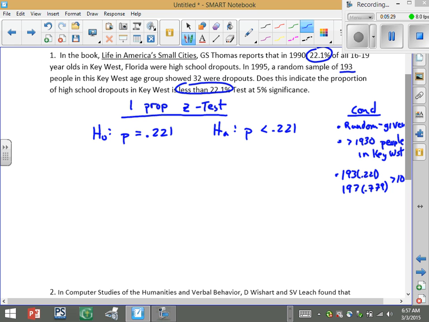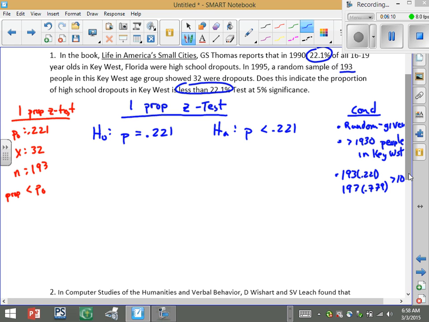If we go into stat, we're going to do a one prop z test. So over here on the side, I'll walk through what you'll see on the calculator. Our p0, that's the claimed proportion, 0.221. Our x, it was 32 out of a total of 193. And then it'll say prop, and we're doing less than the null, and then calculate this thing.